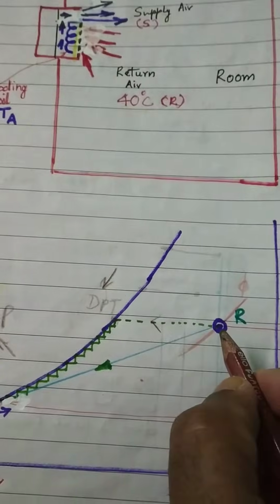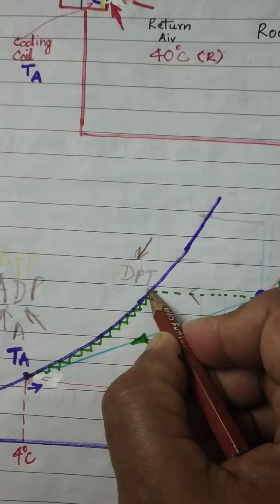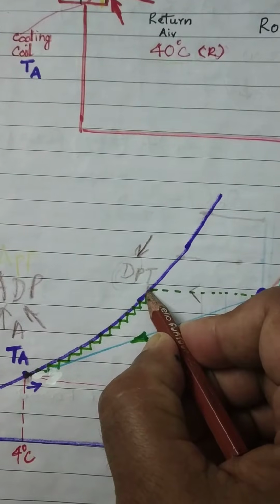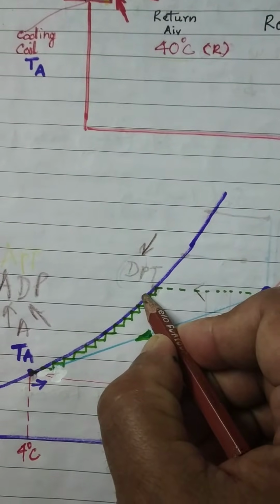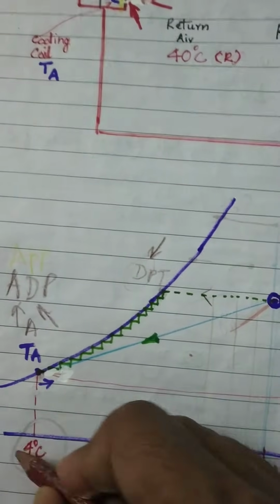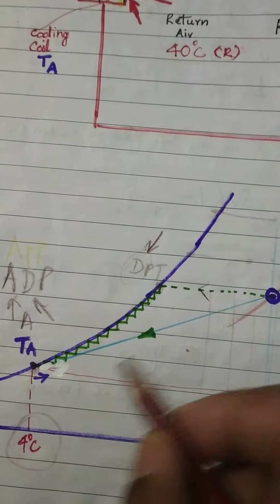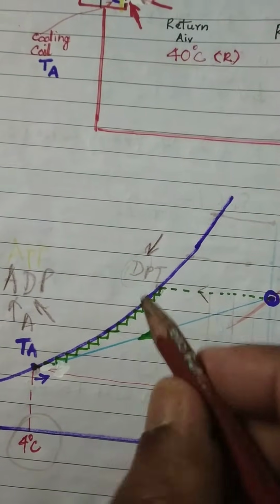So in this way the air is changing from the R condition and forming a dew point here, then again condensing, temperature reducing, again condensing, and temperature reducing, because the coil temperature is very low. So 40 degrees centigrade air will go on giving heat to the cooling coil.